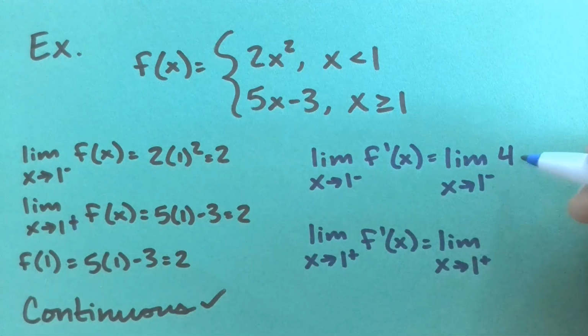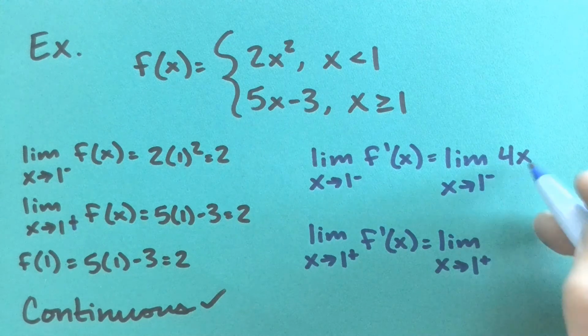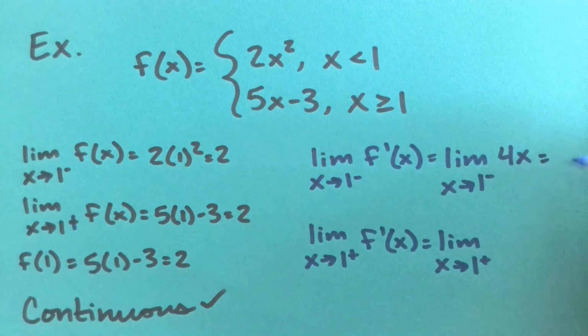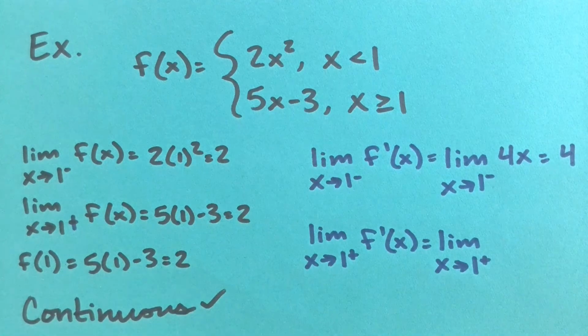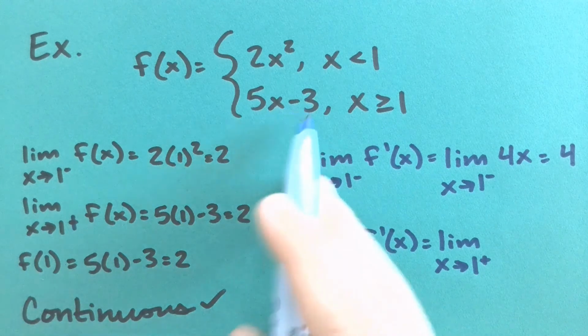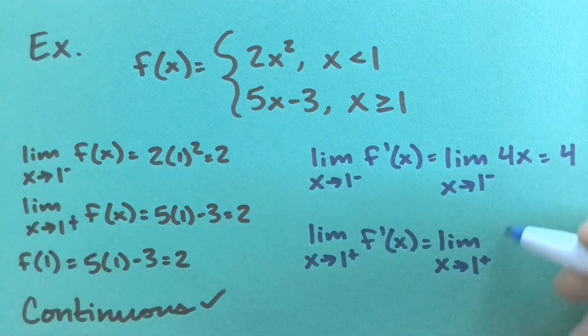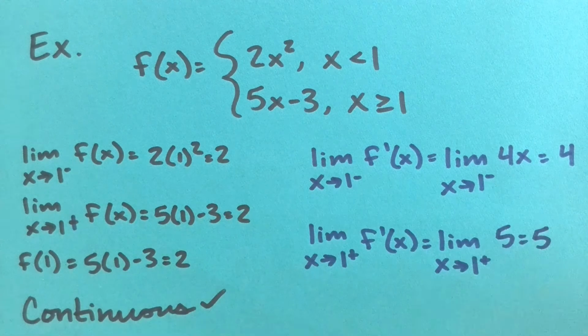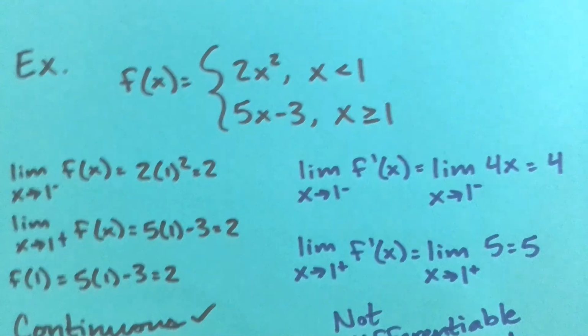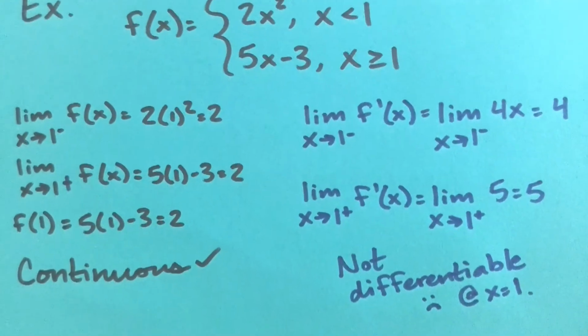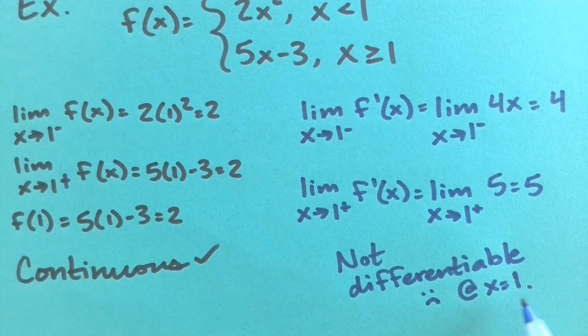So I'm talking about the limit as x approaches 1 from the left of 4x, which would equal 4. From the right, I would be looking at that bottom piece, so our f prime for 5x minus 3 is 5. So because we don't approach the same derivatives from the left and the right, it is not differentiable at x equals 1.